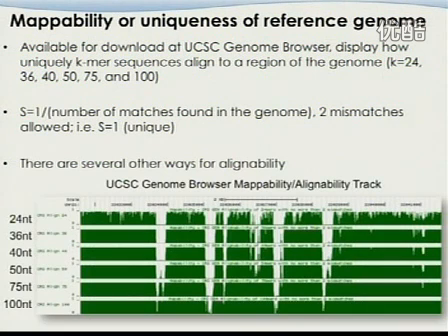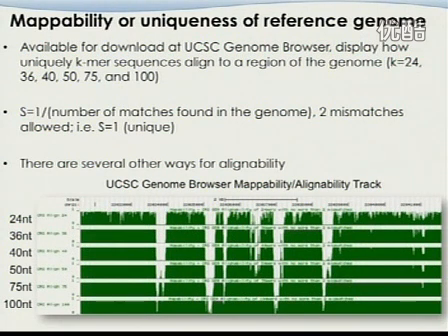Okay, and here is the figure from the Genome Browser. So you can see that for the 24 nucleotide, and this is the definition of the y-axis here. I'm not going to go into that, but the point here is the larger the value is, the higher the mappability for that region is. So if you get to the top, that means that part can be uniquely mapped.